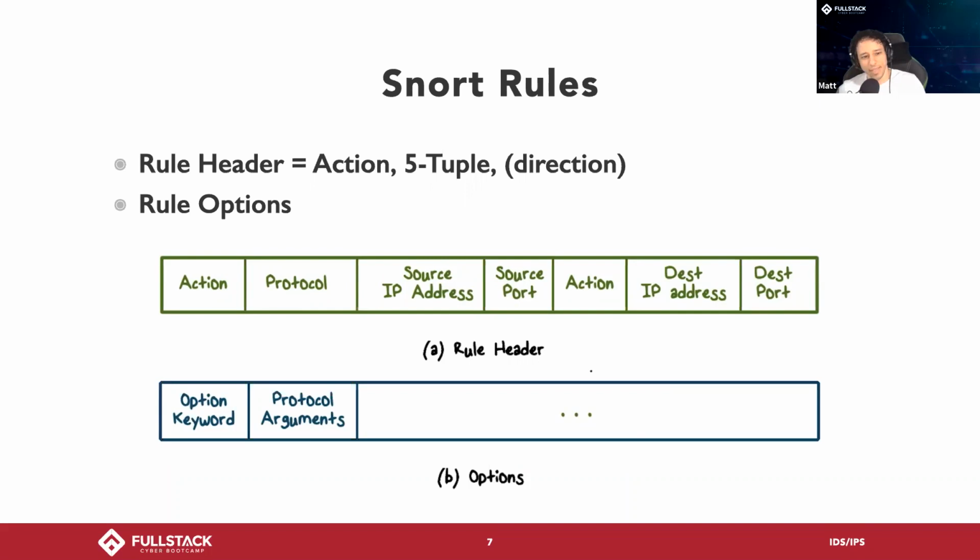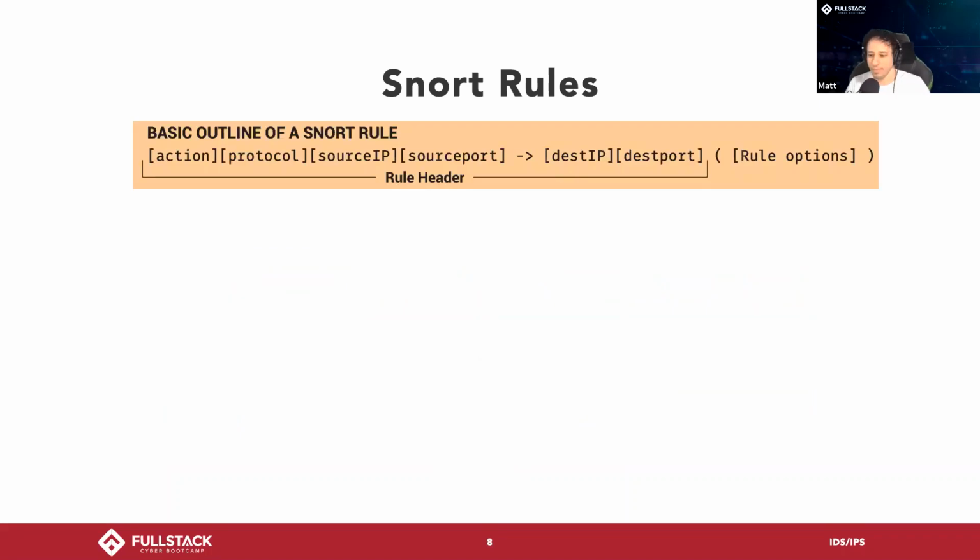So let's actually write a Snort rule now. This is the basic outline of a Snort rule. Okay, you have your action, protocol, source IP, source port, an arrow. And again, the arrow can be either going to the right or in both directions. Like I said, I'm generally going to write them going to the right.